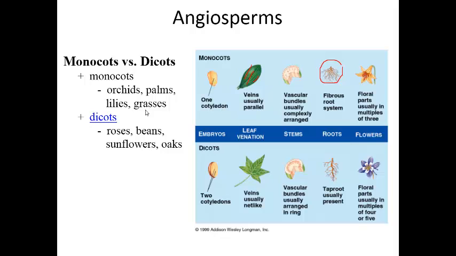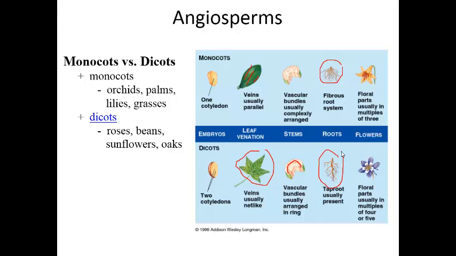Some examples of dicots are going to be roses, beans, sunflowers, oaks. All the large trees that you see that flower, those are usually dicots. Their veins are usually net-like, right? This is a leaf from a maple tree, which is an example of a dicot. Their vascular bundles are arranged in a ring, and they have a taproot.